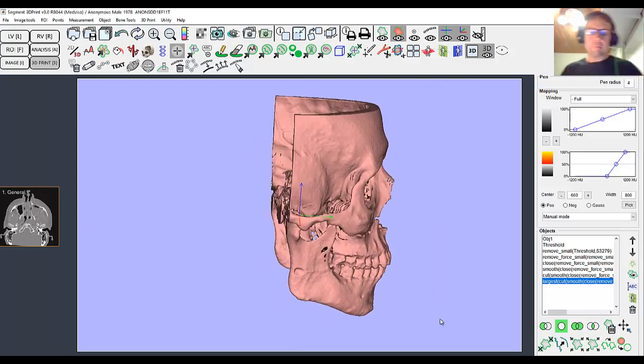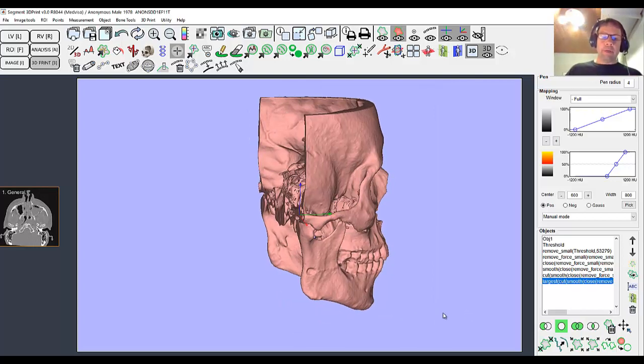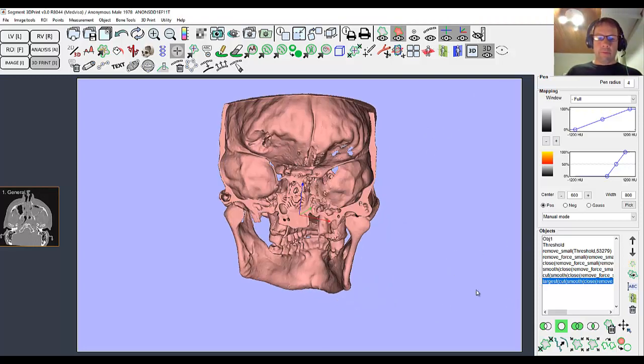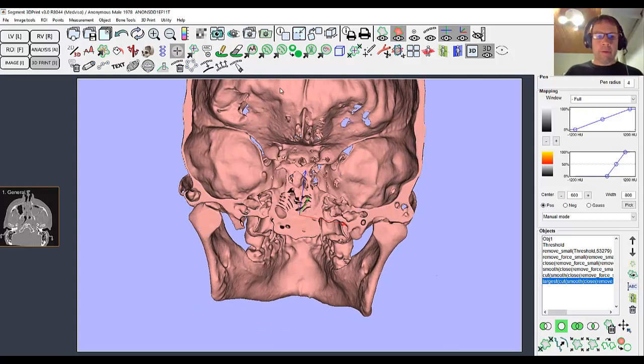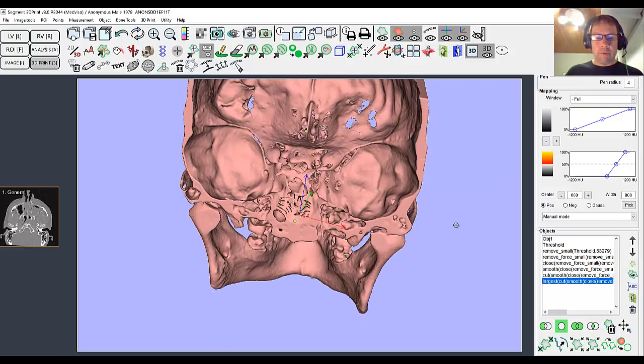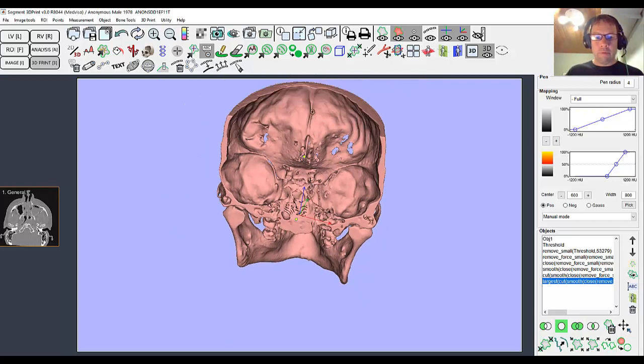Okay, looks good. Now we want to cut this in the sagittal view. So we can actually look from inside here to help us find the symmetry axis. So I use the point tool to add this. Can view it from the other side.